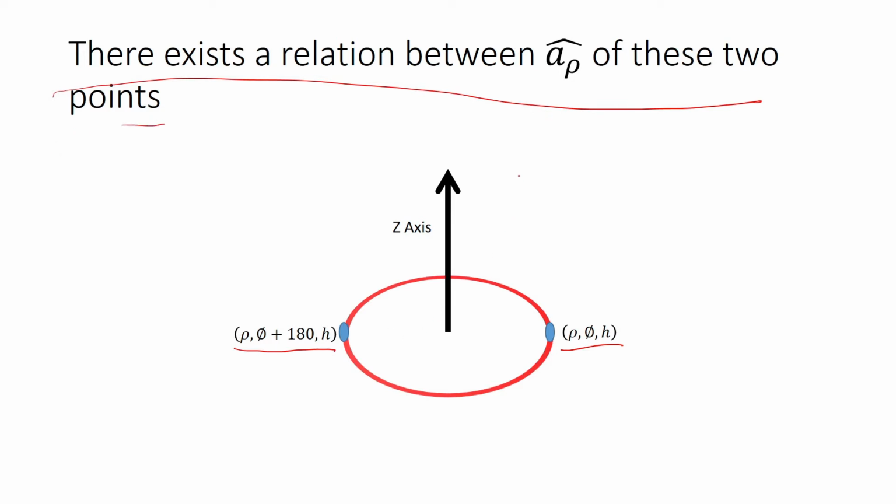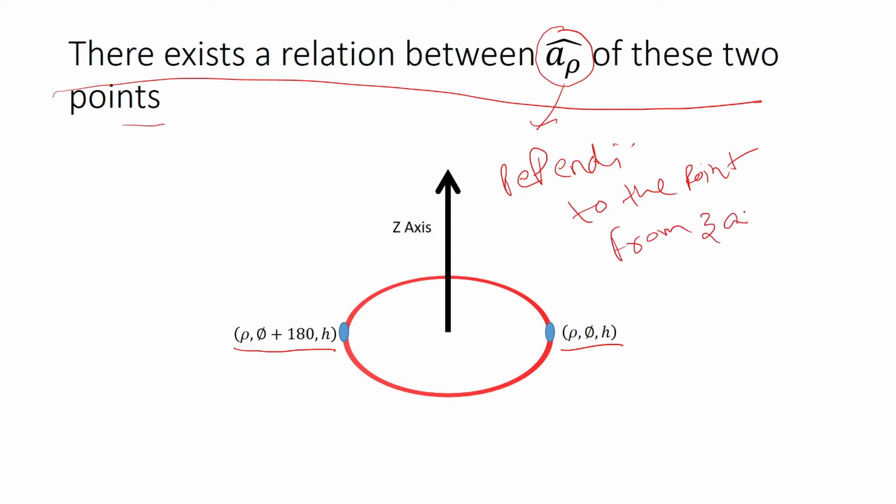So let me use this opportunity to remind you about a rho cap. a rho cap can be considered as the direction of the perpendicular drawn to the point from the z axis, right?